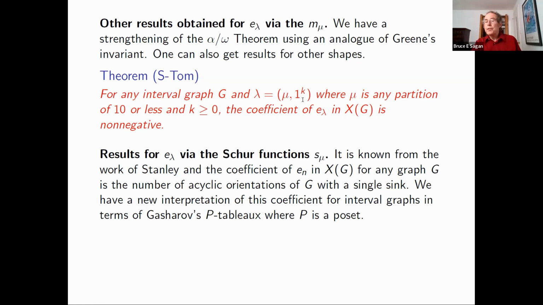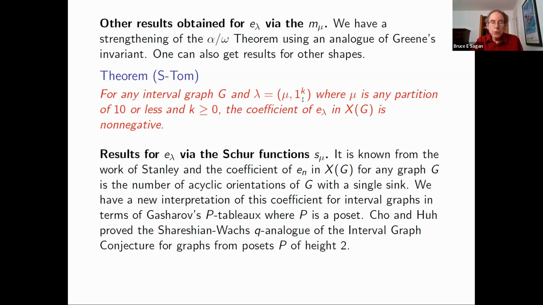We should also mention that we're not the only people who have been using these basis change ideas to their advantage. So I should mention some of the other people in the literature that have been doing this. Cho and Huh proved, so there's a q-analog of the interval graph conjecture due to Shareshian and Wachs, where q keeps track of certain things in the graph called ascents.